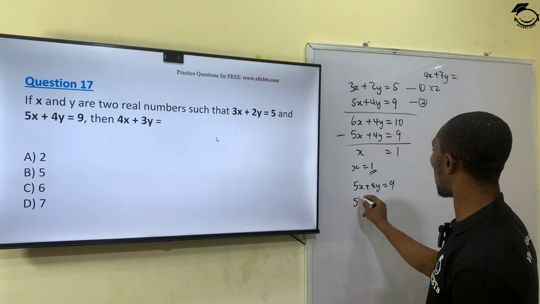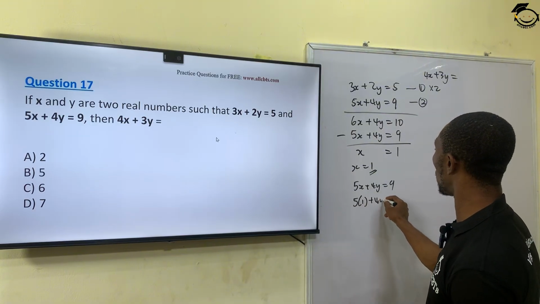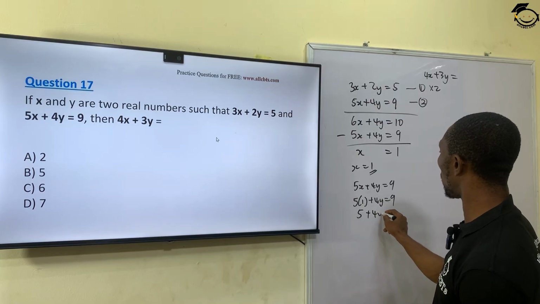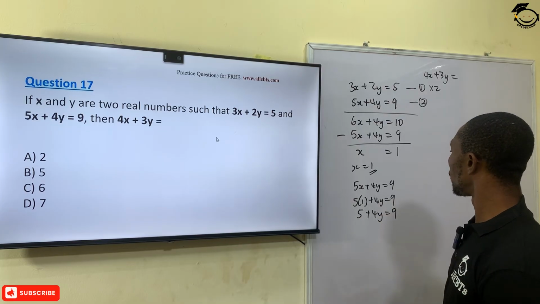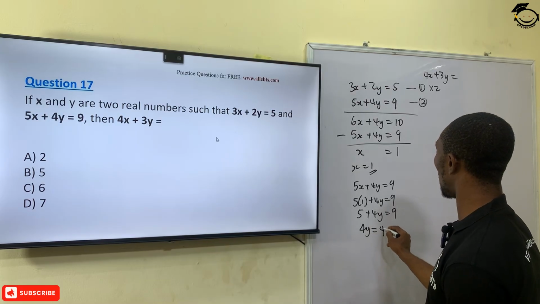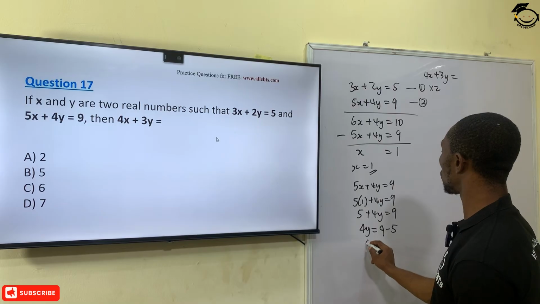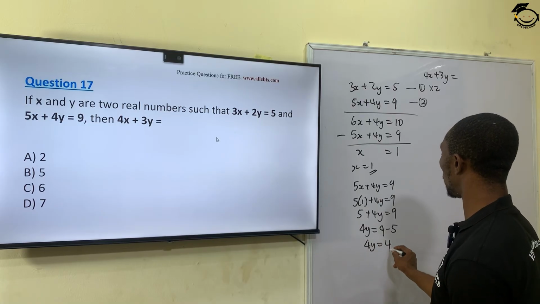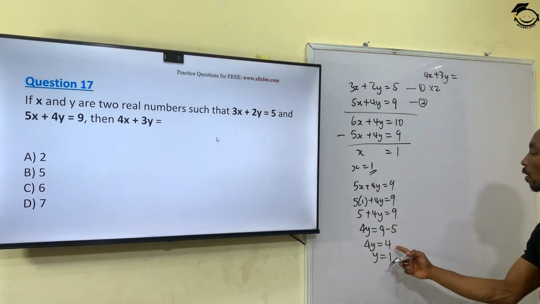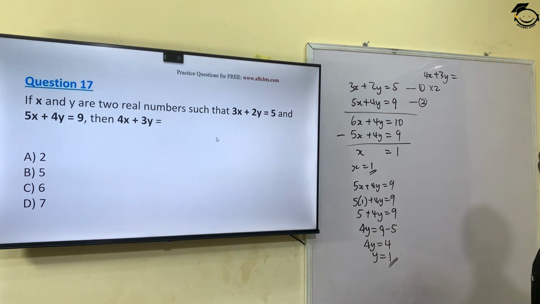This will become 5 bracket 1 plus 4y equals 9. So this will become 5 plus 4y equals 9. Collecting like terms, 4y equals 9 minus 5. So 4y equals 4. Y equals 1. 4 divided by 4 will give us 1.